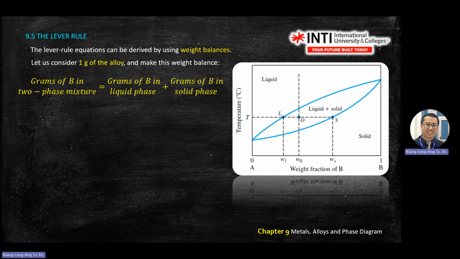If it falls on this line in this region, your copper will be in liquid and solid form. We don't know how many percent, but now we want to calculate how many grams in liquid, how many grams in solid. But these two added together will be the original copper that you have.